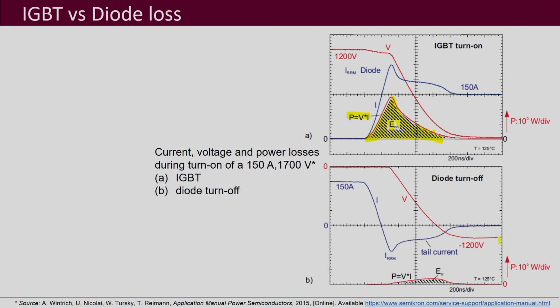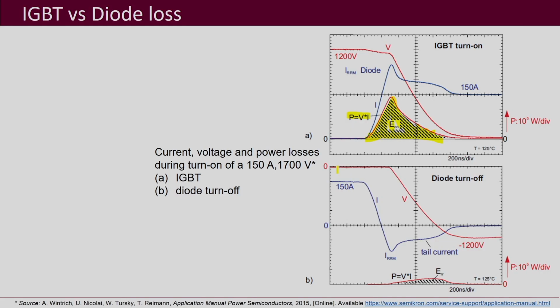Earlier we had discussed that the turn on of the IGBT is going to be associated with the turn off of the diode. So, this is your diode turning off. This is your voltage, you can see that it is building, and it is going to minus 1200 volt, and it was carrying this 150 amperes of current, and then further it decreases.